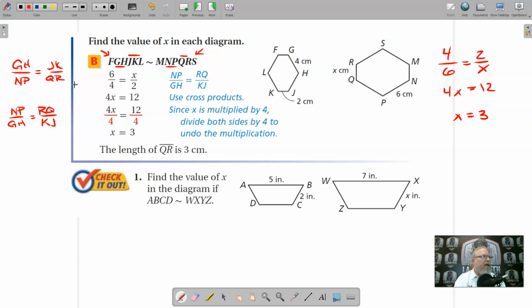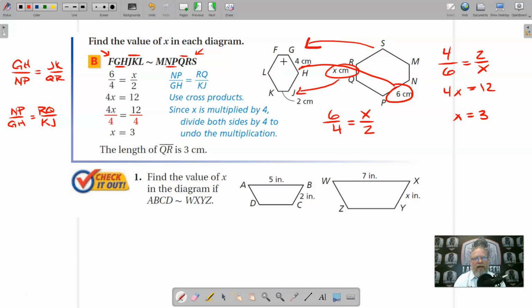So they're saying NP right here is to GH right here, as RQ right here is to KJ, is to this. So they're saying 6, is that right, 4? They're saying 6 is to 4 as X is to 2. So they just started from the right side and went to the left.